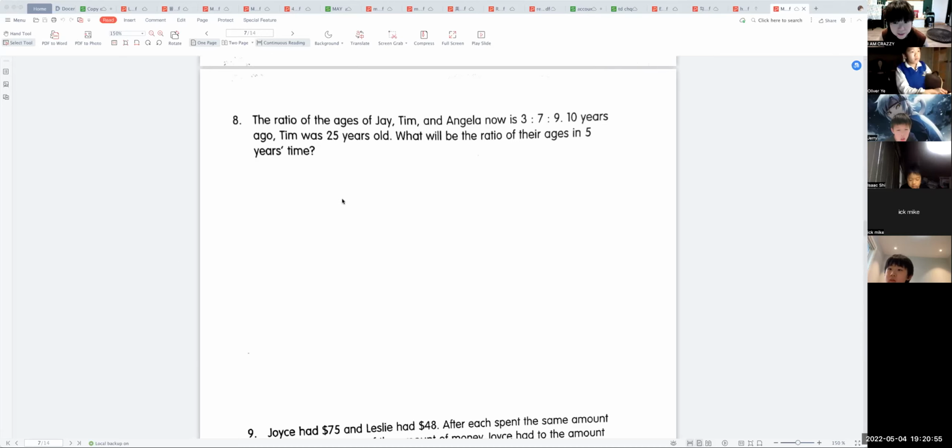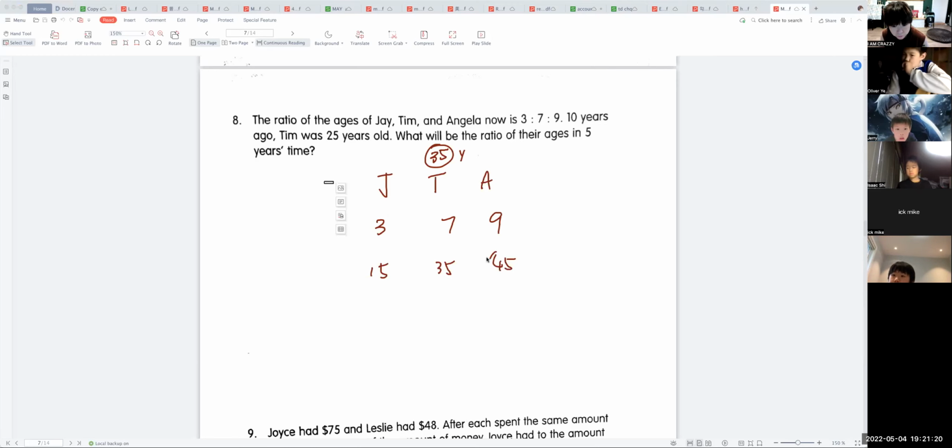This question is very easy, right? So right now, the ratio of Jay, Tim, and Angela is 3:7:9. Ten years ago, Tim was 25, so right now that means she's 35 years old. So if this is 35, then this one is what? 15, 35, and 45. Correct? So 5 years later, 20, 40, and 50. So it's 2 to 4 to 5.